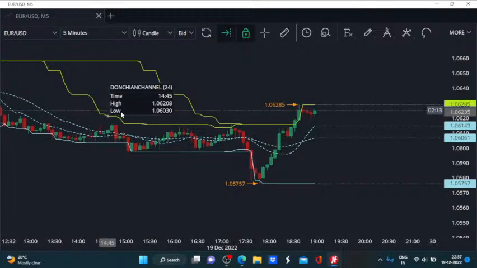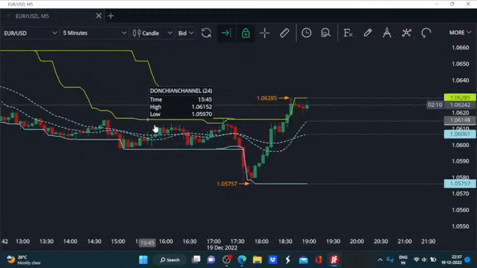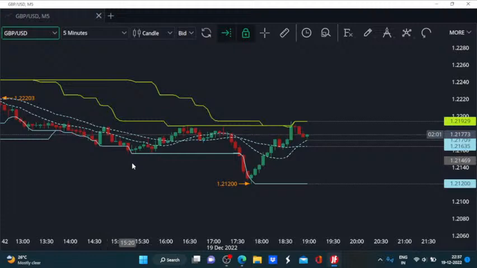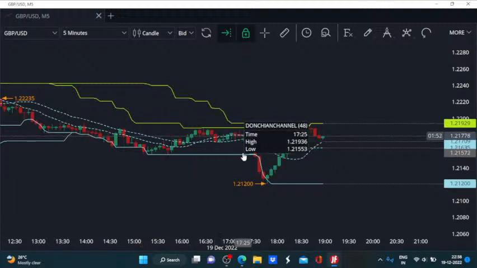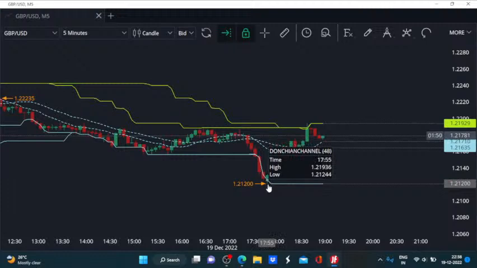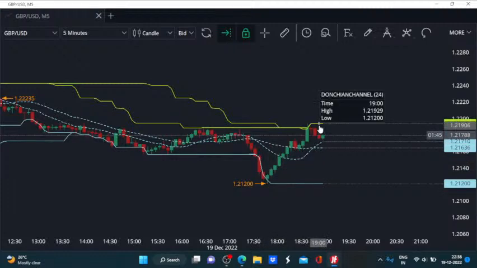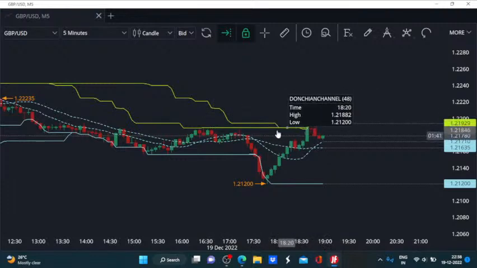But of course, for our analysis to be complete, we have to compare the whole spectrum of major currencies trading against the US dollar. So let's shift our gaze and consider all these major currencies one by one. Now coming to the GBP USD, it made this swing low at around the same time as the euro, and it is also now trading after having formed this fresh swing high.